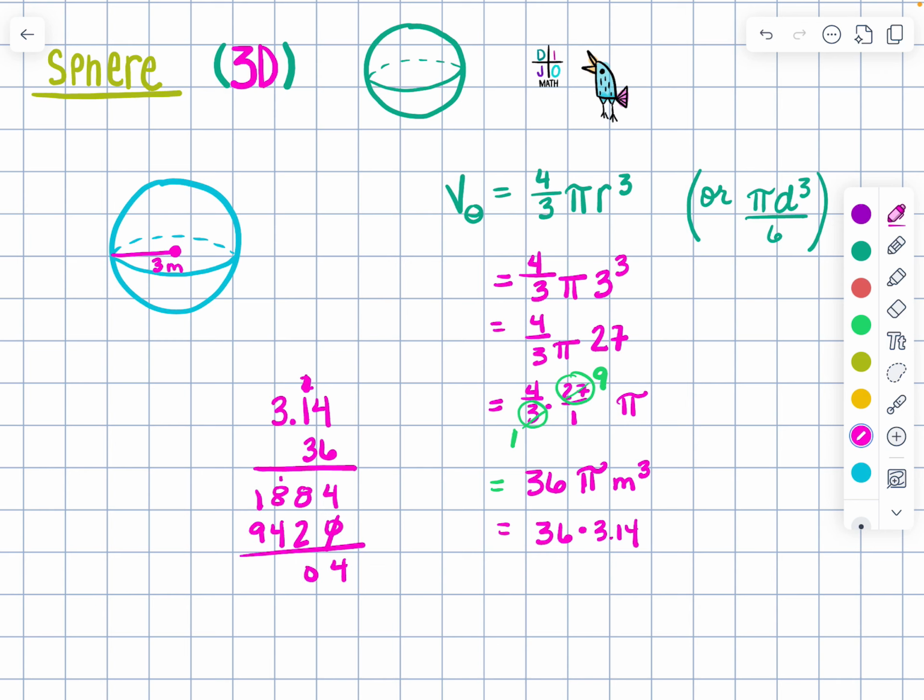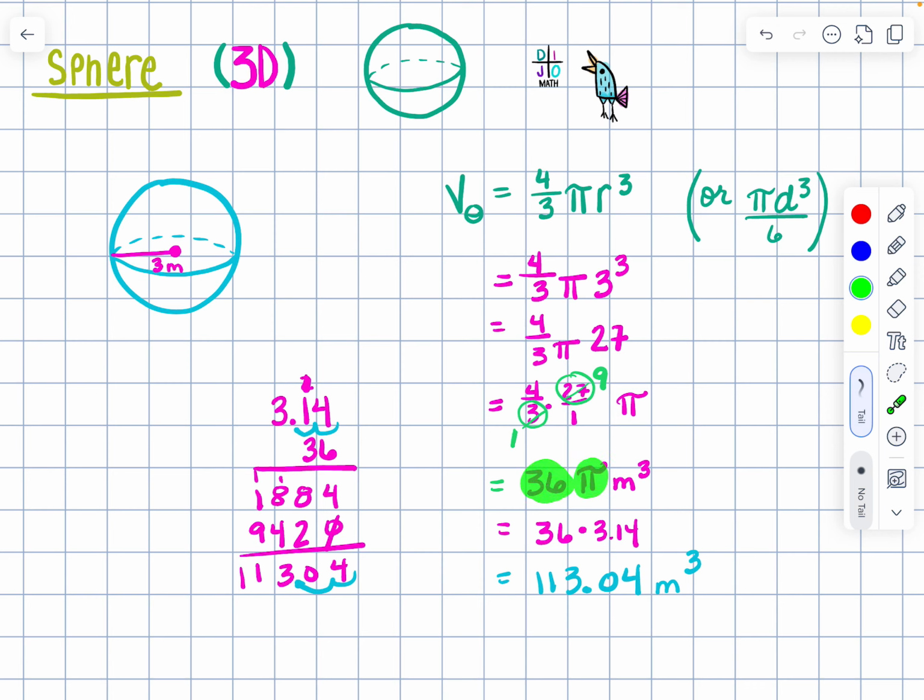Now we just add these together. 8, 9, 13, 9, 10, 11. And now we have to deal with the decimal. And we get 113.04 meters cubed.